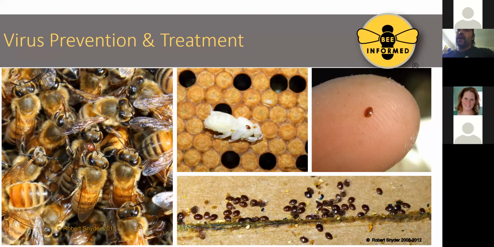If you get above that threshold of 3, you're going to want to treat those colonies, and that should keep your viral loads at a minimum. And hopefully you won't see any of those viral symptoms that I showed, like chronic bee paralysis, sac brood virus, or DWV.